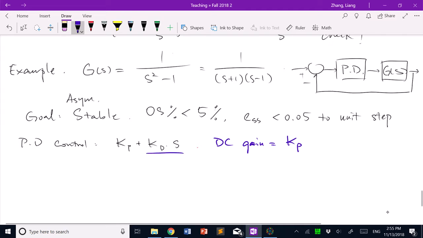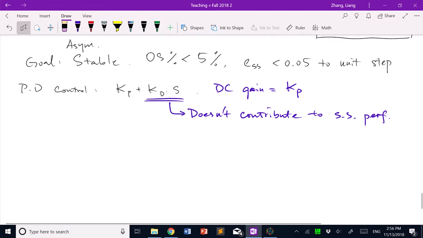Or in other words, the derivative term doesn't contribute to steady state performance. And it's understandable because, in a steady state everything is smooth, it's flat, there's no derivative term involved. So of course, we don't care about the derivative terms in the steady state. They only become important in transient and also in stability.